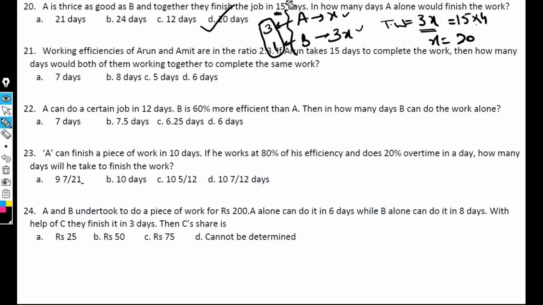Excellent job everyone. You all got the very same value. Excellent job. Okay, now solve 21st. Be quick.